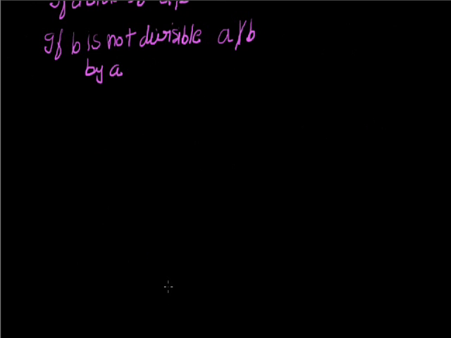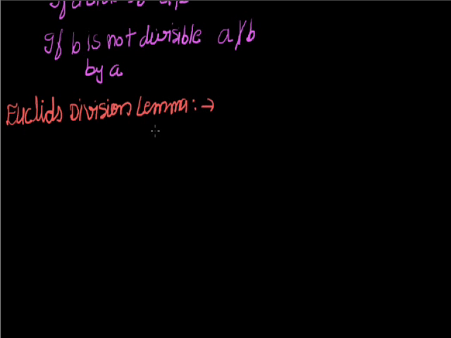Now let us come to our next topic, a very important topic from where our chapter starts, that is Euclid's division lemma. Euclid was a mathematician who is known for his geometry elements.